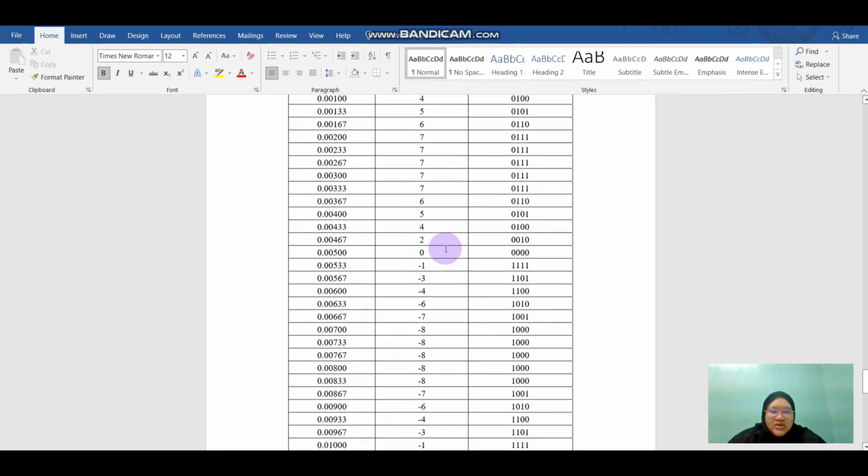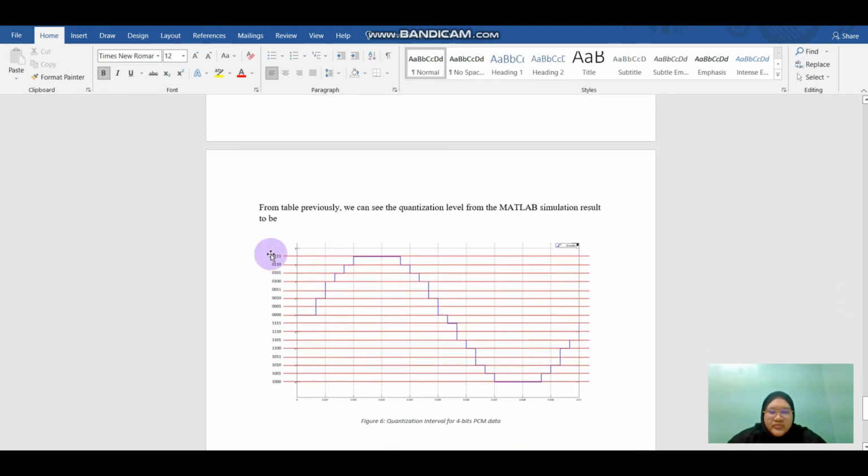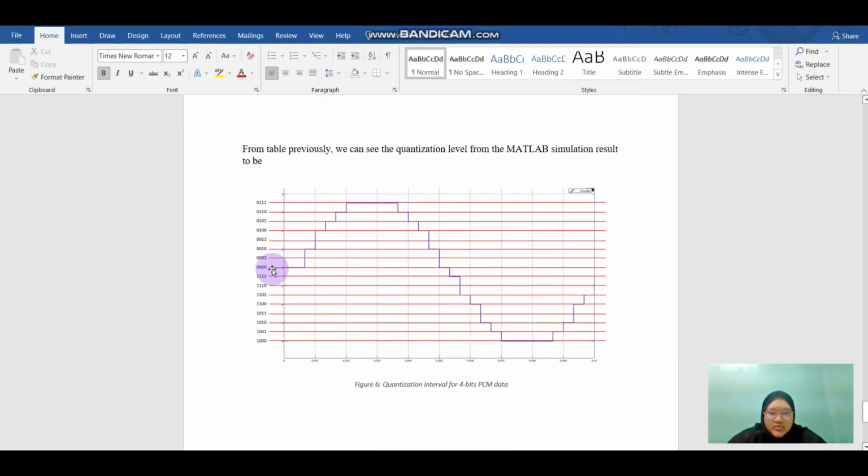From this data, we can actually know the quantization level used by the MATLAB Simulink.